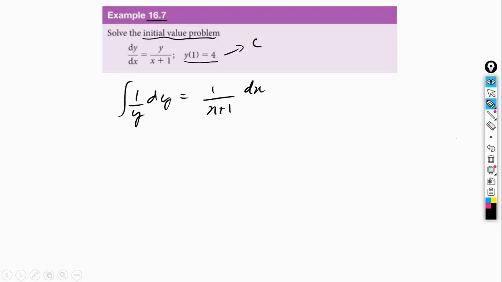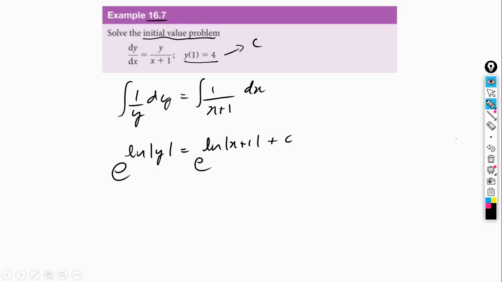Then we integrate both sides of the equation. And on the left-hand side, we're going to get the natural logarithm of the absolute value of y is equal to the natural logarithm of the absolute value of x plus 1 plus c. And then using the properties of exponents and logarithms, we can make this e to the power of that and e to the power of this.